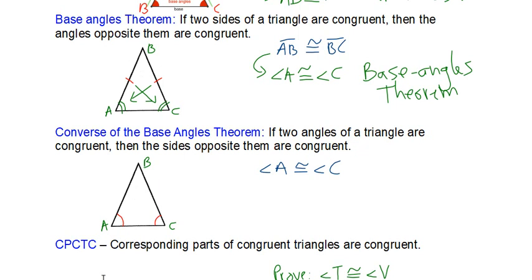So if you have that angle A is congruent to angle C, you can conclude that AB is congruent to CB, and that will be by the converse of the base angles theorem.